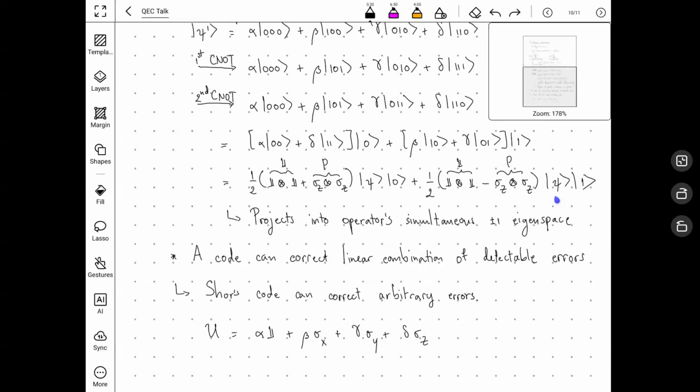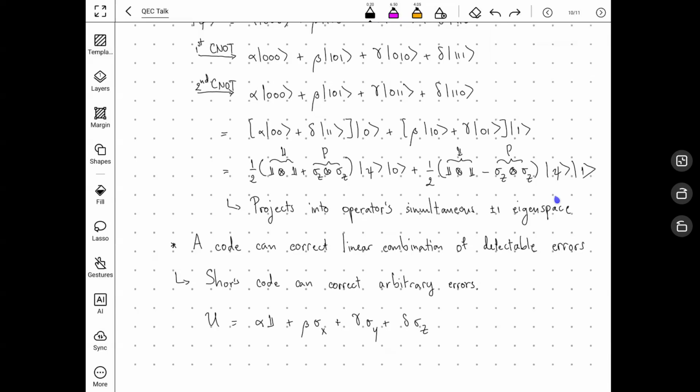With the projection, it actually answers Dan Ohm's comment yesterday that for a general state psi, measurement collapses the state, but it collapses into the ±1 eigenspace of these Pauli operators. So it means that if you can correct an X error and you can correct an XZ error, you can correct any type of arbitrary error, because it will just project the state onto the ±1 eigenspace.